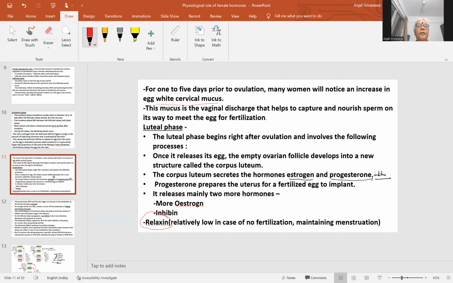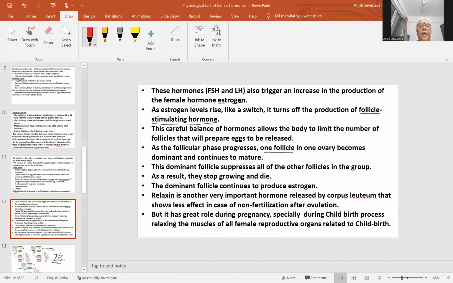The second case is if fertilization takes place. If fertilization takes place, embryo is formed, then embryo comes in the uterus, in जो uterine endometrium activated हुआ है progesterone से, that will receive the fetus, and then the pregnancy will appear.